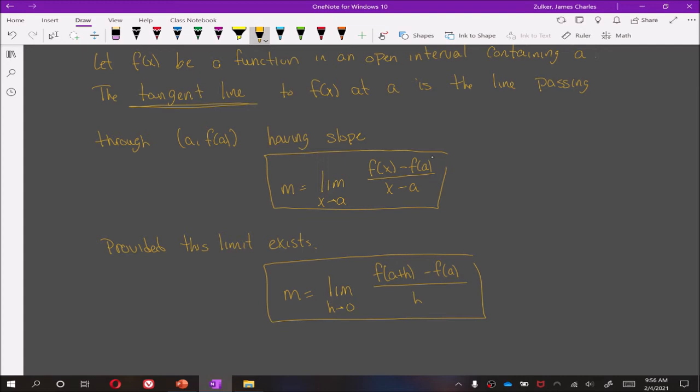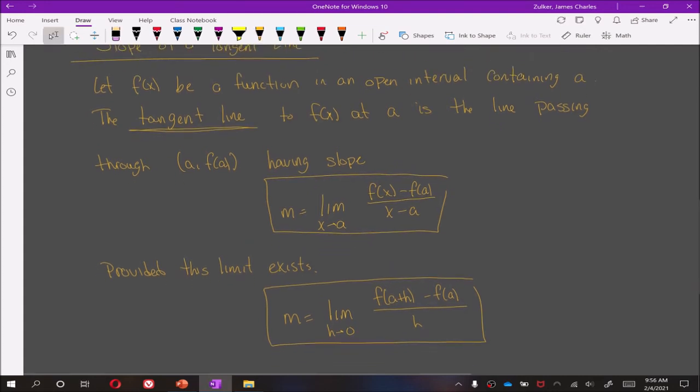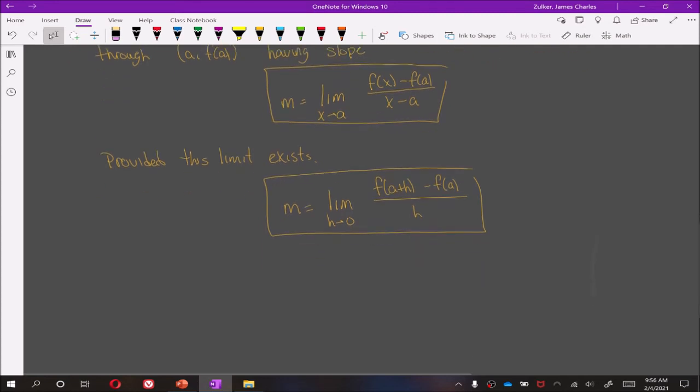We will also refer to the slope of the tangent line at A, f of A, as simply the slope of f of x at A. Now what we're going to do is also define this as the derivative.